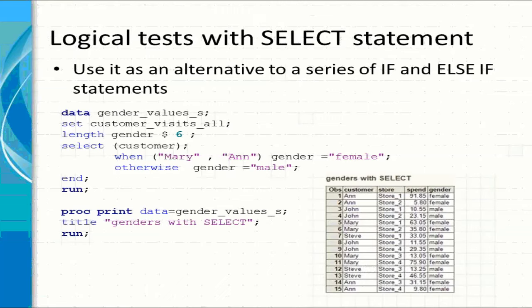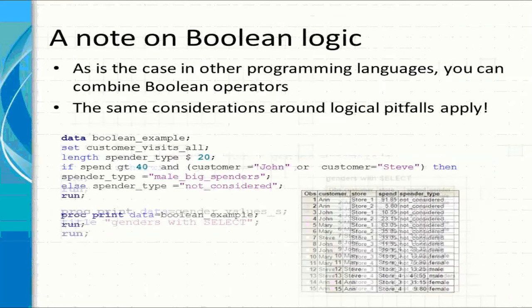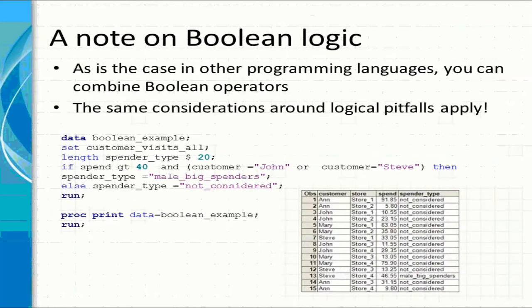So for example there, you start it off by saying select, and then you define the variable, and then you specify using the when statement the different cases. So when Mary or Anne, then the gender equals female. Otherwise, the gender equals male. You then need to end the select statement. Then you should put end so that the select statement ends, and you get your results.